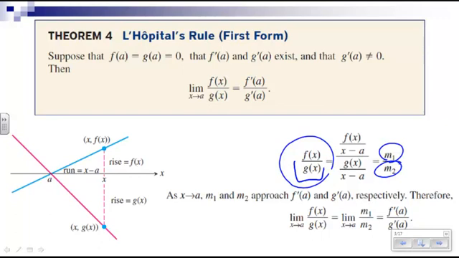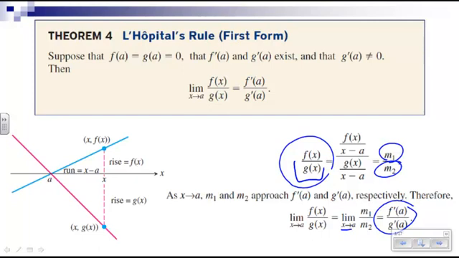And so the limit as x approaches A of m1 over m2, slope of 1 over slope of 2, ends up being exactly f prime of A divided by g prime of A. So symbolically we can show that L'Hopital's rule makes sense.